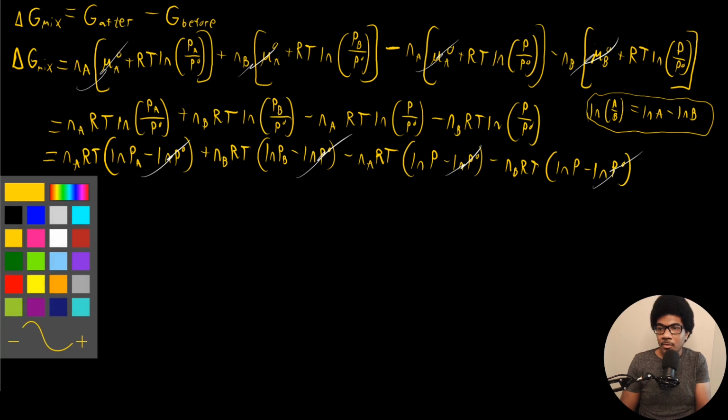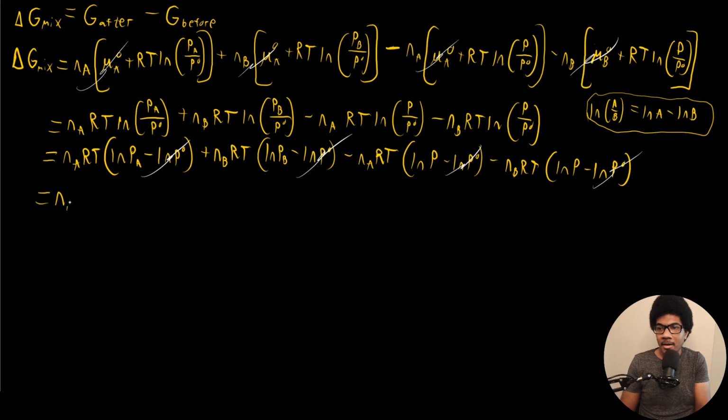So now we're getting to a simpler expression. Let me just bring everything down first: NA RT ln PA plus NB RT ln PB minus NA RT ln P minus NB RT ln P.